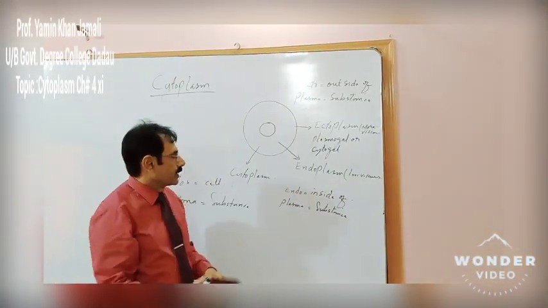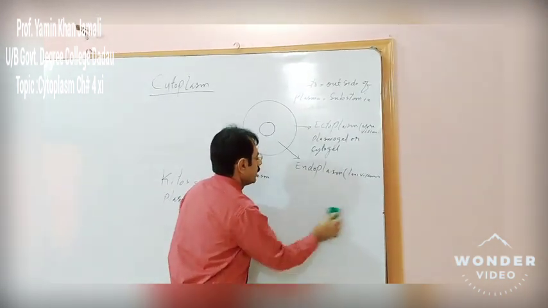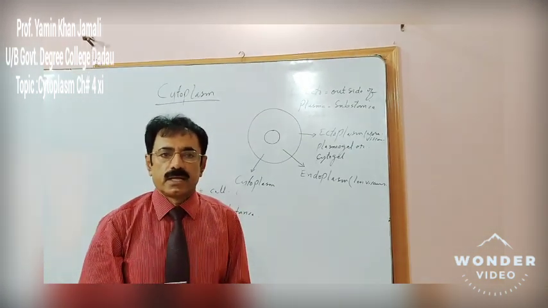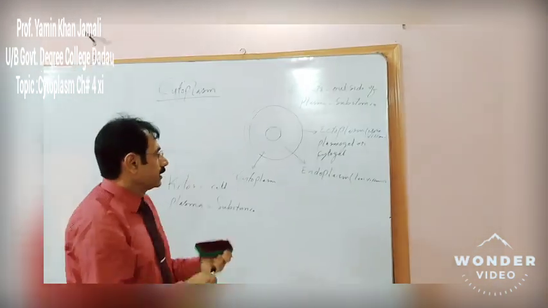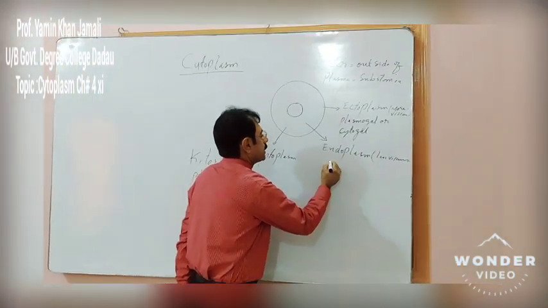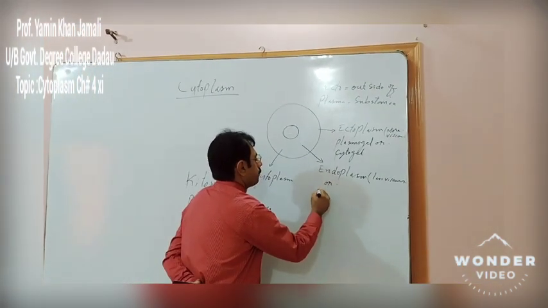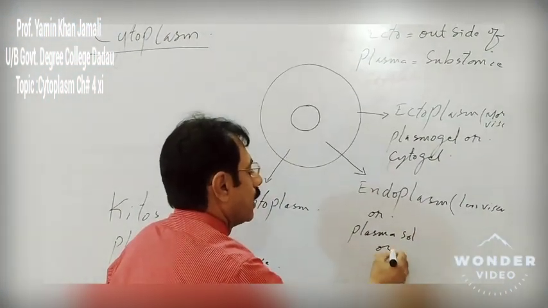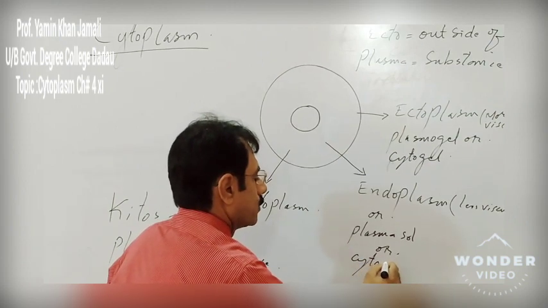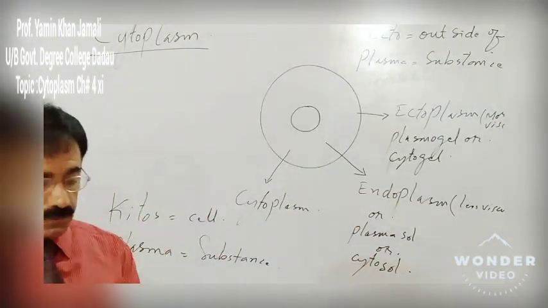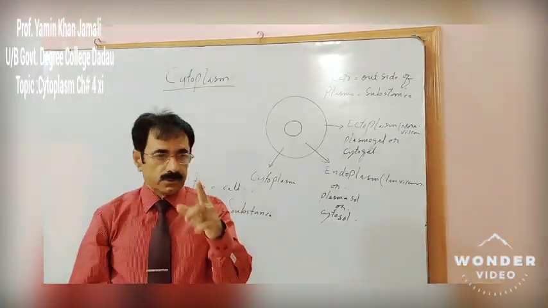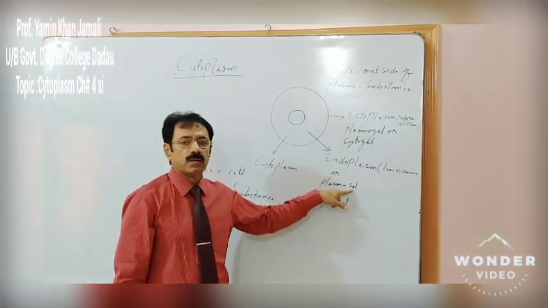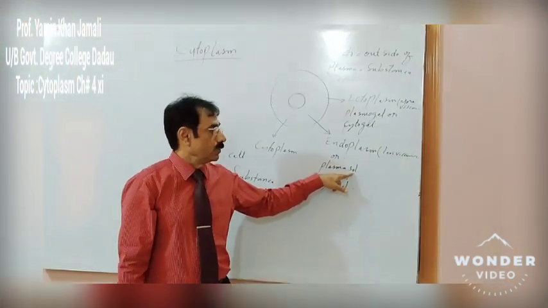Dear students, the endoplasm is the less viscous substance that lies near the nucleus, and this endoplasm is also called plasma sol or cytosol. It is called plasma sol because plasma means substance and sol is taken from soluble, meaning soluble substance.